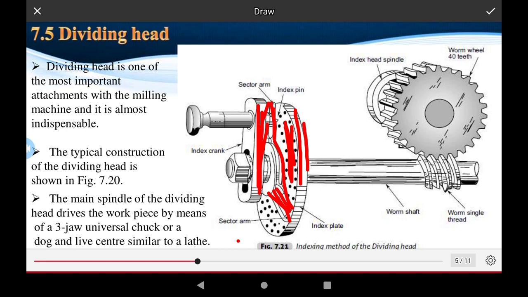And this bolt is used for connecting to the worm shaft, okay, and this is also the index shank.